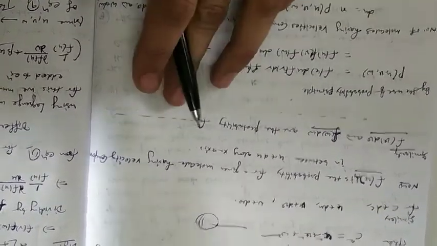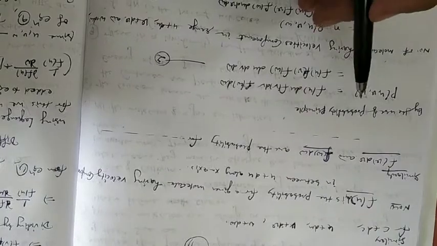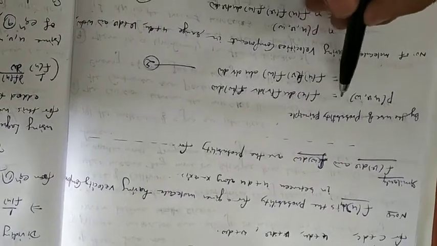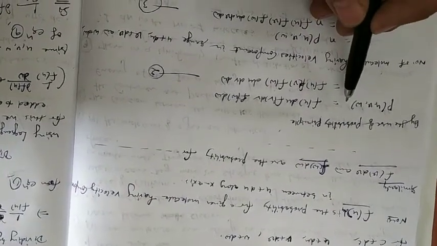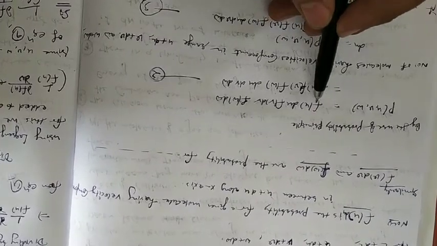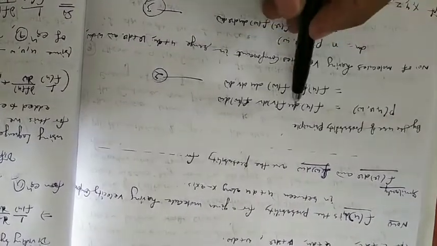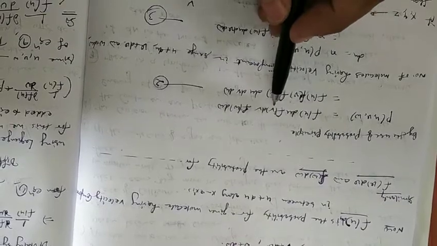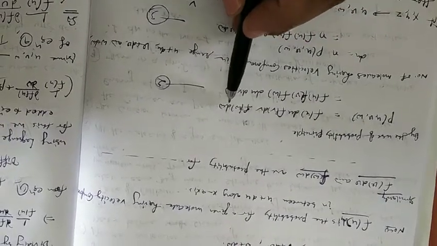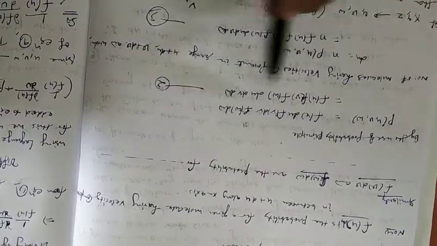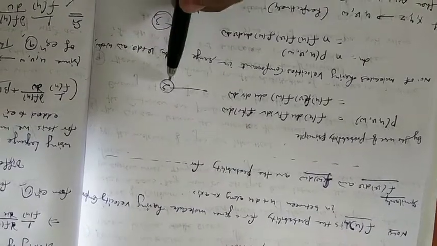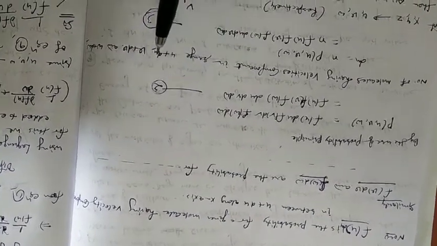Along the z-axis. So we know that by the principles of probability, the total probability is given by the product of all these: f(u) du, f(v) dv and f(w) dw, and this is given by equation 2.